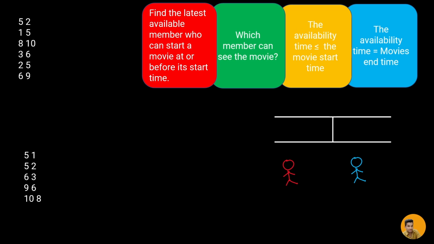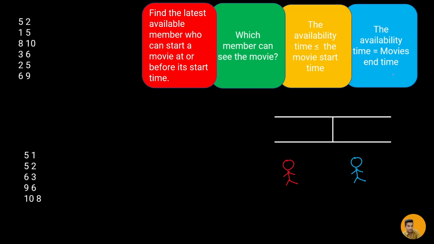So let's say the available time was 5, because the previous movie he watched ended at 5. The next movie he can watch if the availability time is at or before the movie start time, right? You are free, that means a movie has been watched, and if the start time of a movie is bigger, that means you can start.